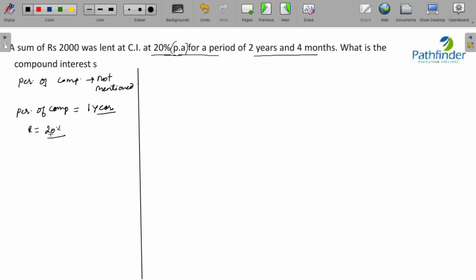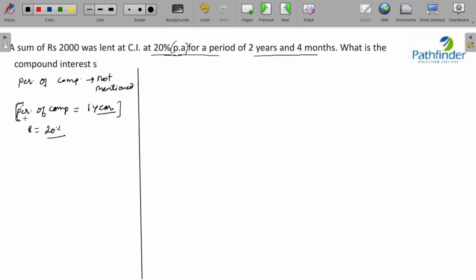But there is another factor that you need to keep in mind. In this case, your total time is not an exact multiple of period of compounding. So how do you account for that?